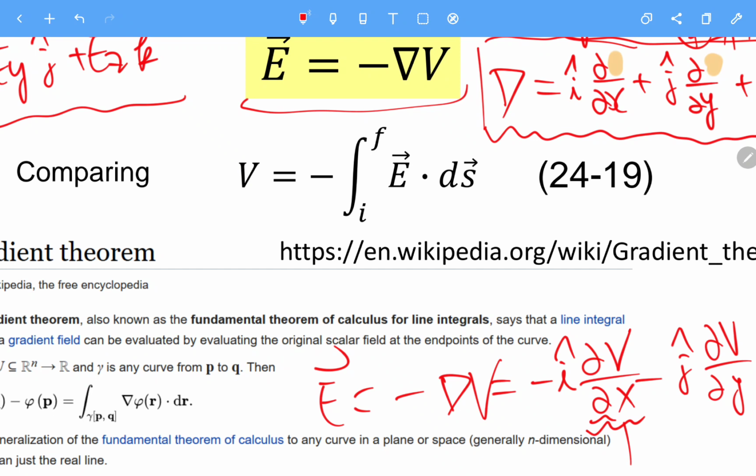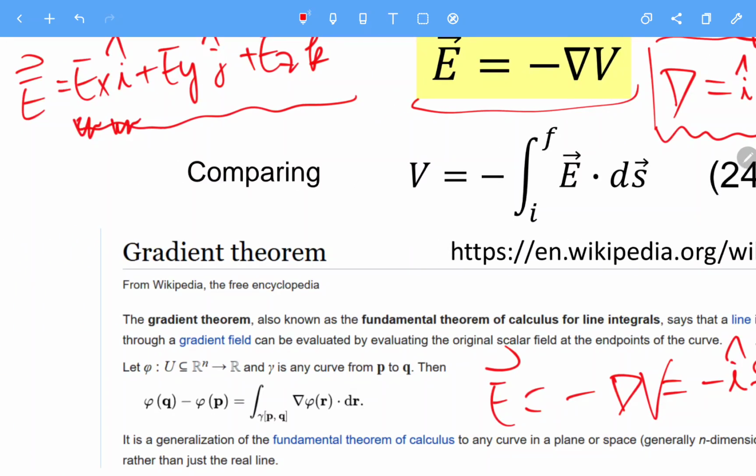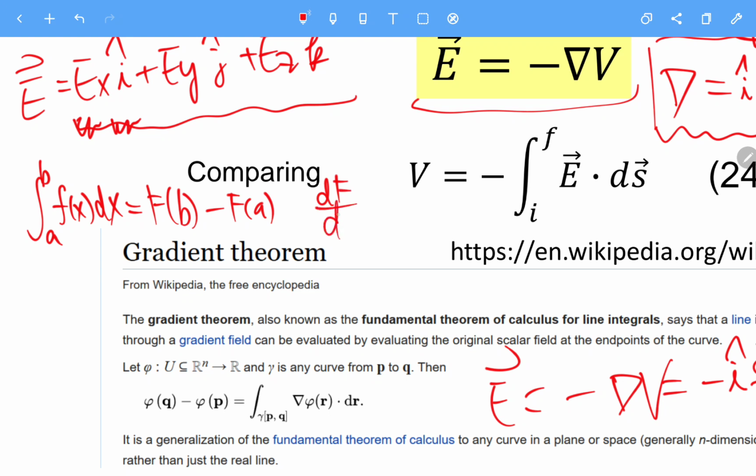original fundamental theorem of calculus in one dimension, which is like, if you have the integration of f of x dx from a to b, it should be f of b minus f of a. Here df dx should be f.